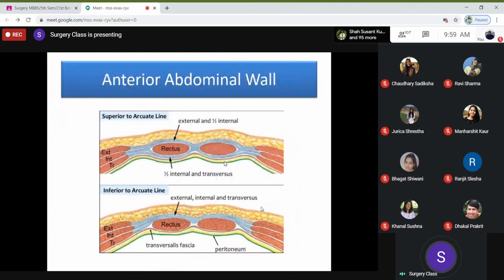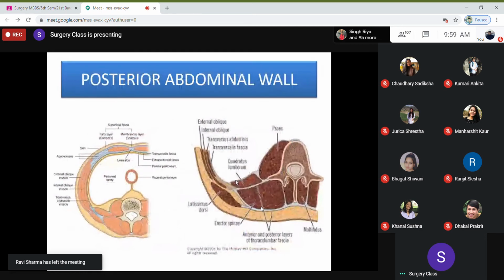So what happens? If you see, this is the peritoneum. This is the anterior peritoneum. The anterior peritoneum goes there, turns, and covers all the intestinal organs inside, and joins here. The space between this and the visceral peritoneum is your anterior abdominal cavity. And if you go behind, you see what happens.